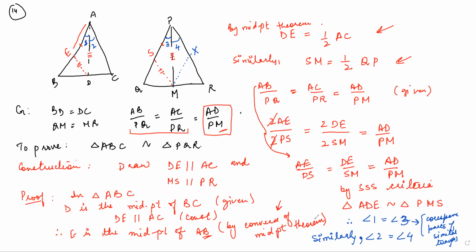Up till here, we have shown how we got this. You don't need to do it again, because you have already shown one side. You can write similarly angle 2 is equal to angle 4. So ultimately, you will get it equal. In such questions, we don't repeat it. One side we can show and the other side we can write similarly. Understood?